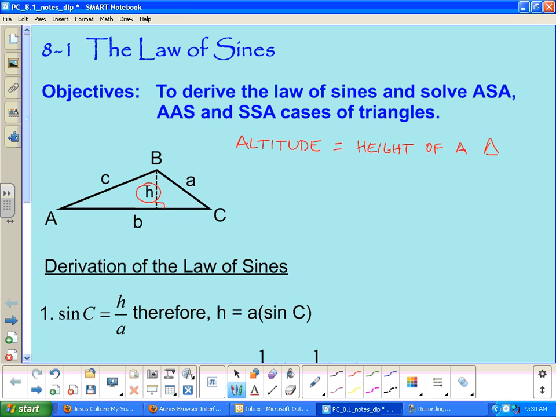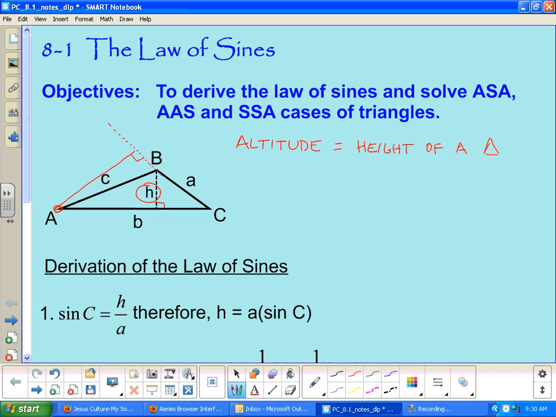As in this case, like if I took this length CB and I extended it, pretend that's actually straight, and I wanted to do my altitude from point A, my altitude from point A would actually go out here and connect at 90 degrees. Well, sometimes they're not in the triangle, but they still define the height of the triangle from that particular point. So altitude, new word for you, height of a triangle.